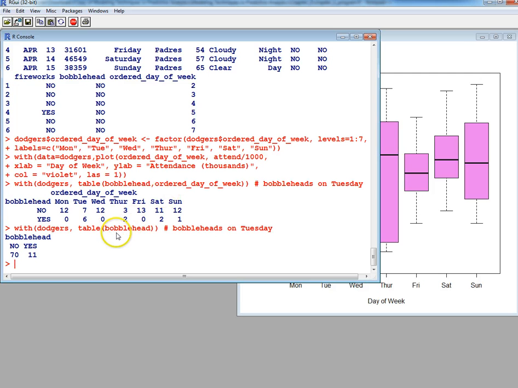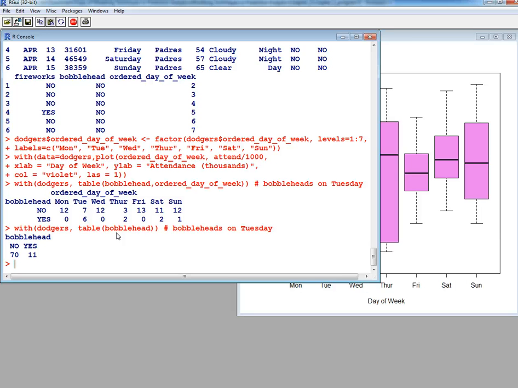Let's just do table, bobblehead. So what do we get? It's a counting function. Table is a counting function. So what does it count? Bobblehead can take on how many values? 2. What it does is just count how many there are in each category.